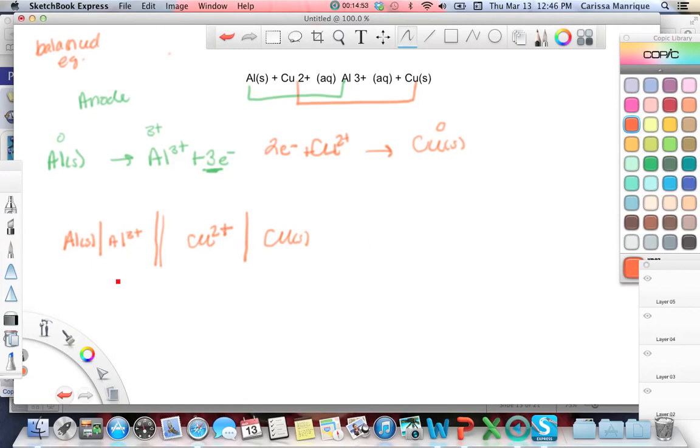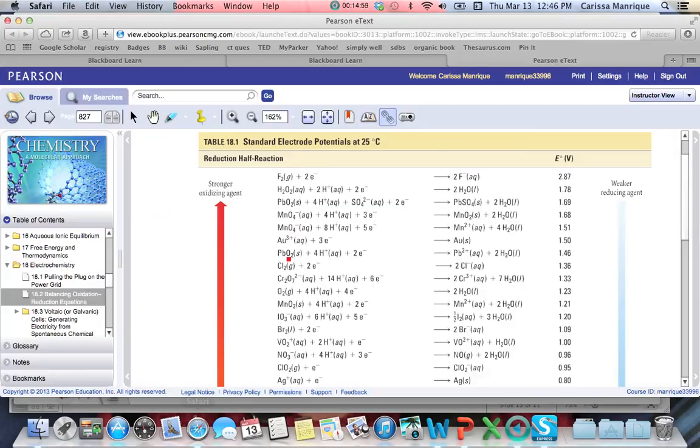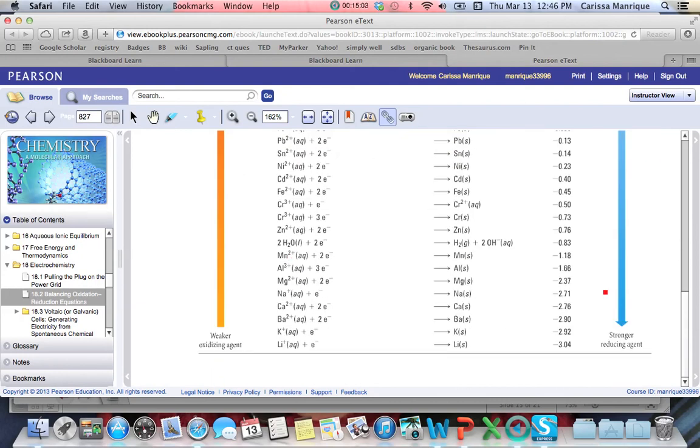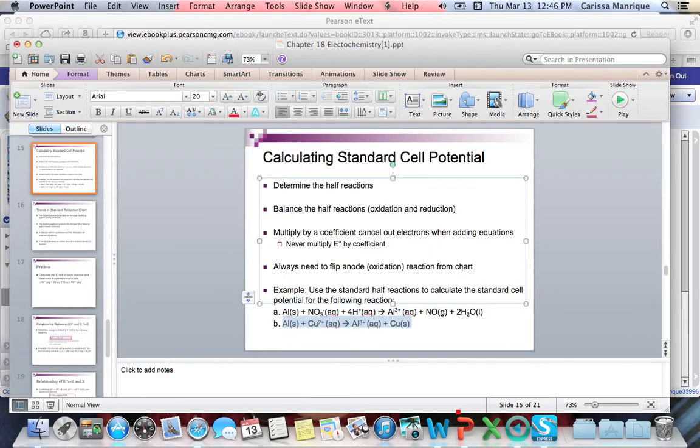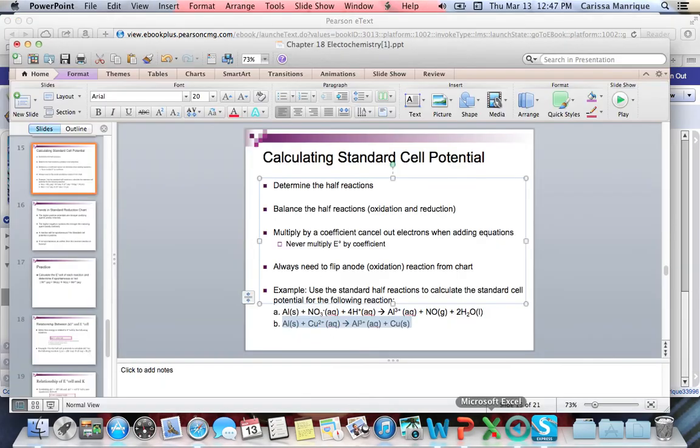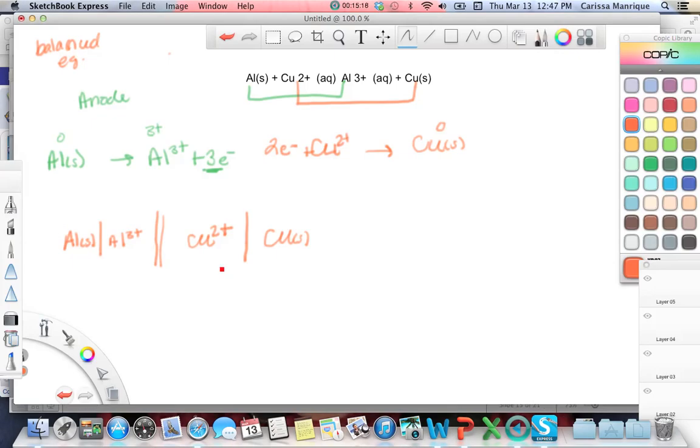So here it is. Now let's look at the cell potentials, okay? I had the aluminum. Which aluminum was it? Aluminum solid to aluminum 3 plus. Okay, so aluminum here says negative 1.66 again. Write down negative 1.66.